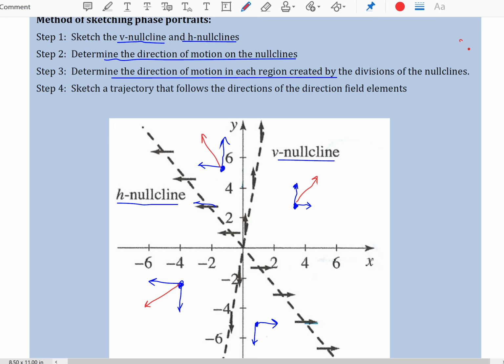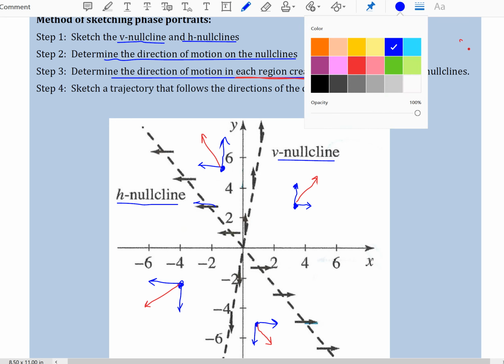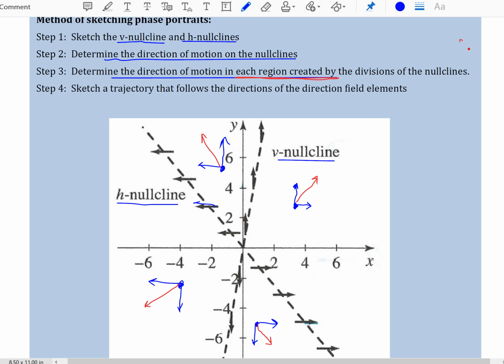And in general, you'll be moving down and to the right. So determine the direction of motion in each region created by the divisions of the null lines. And then lastly, sketch a trajectory that follows the directions of the direction field elements that we just created.